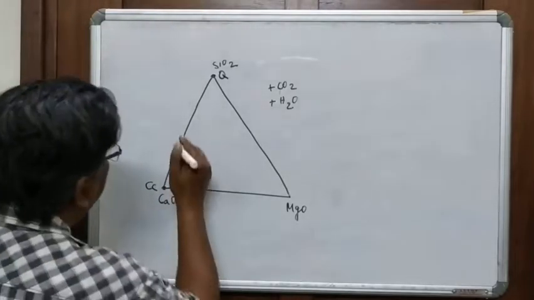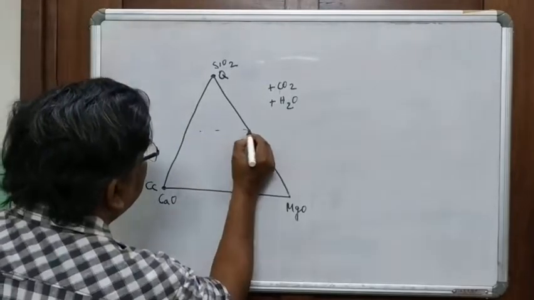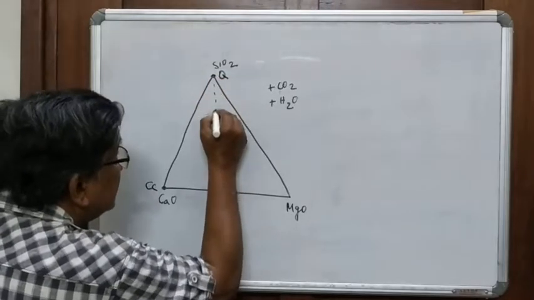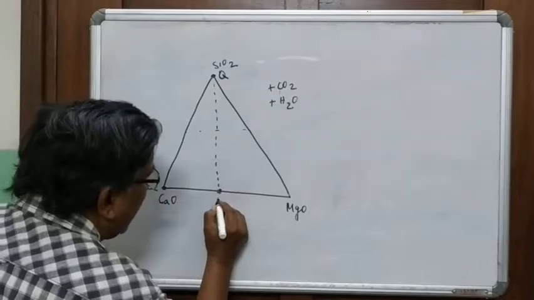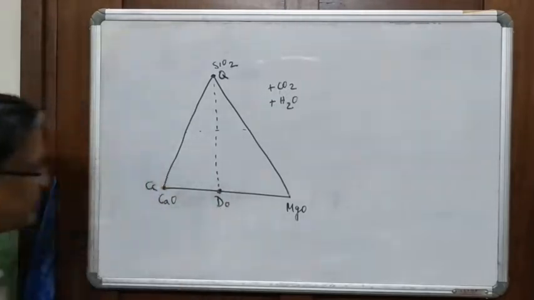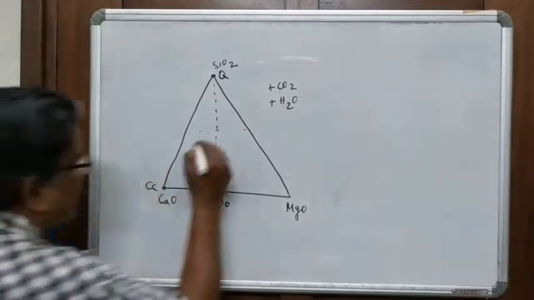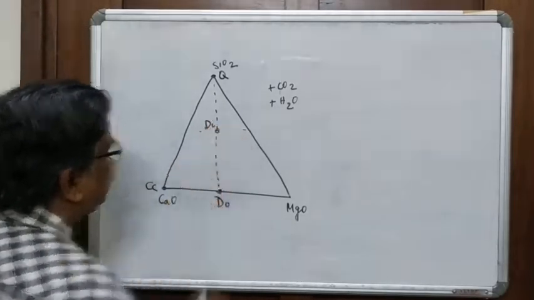Then we have a 50:50 line here. This is where you have dolomite. So you have calcite and dolomite. And you remember this point, this is diopside.